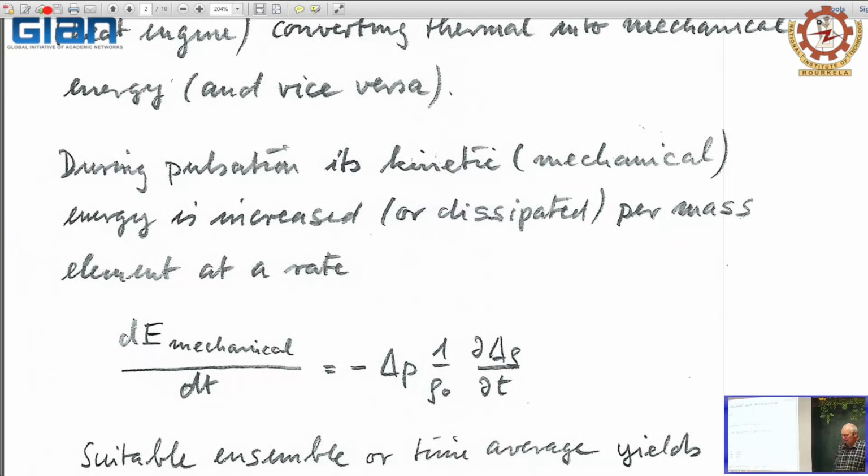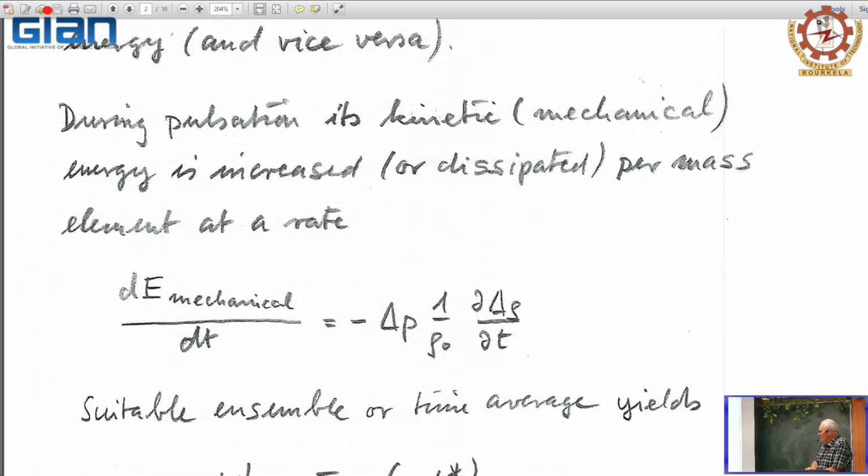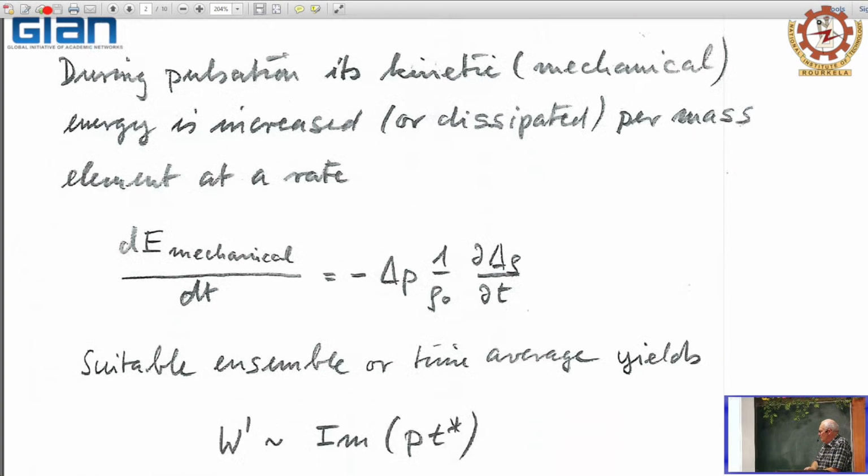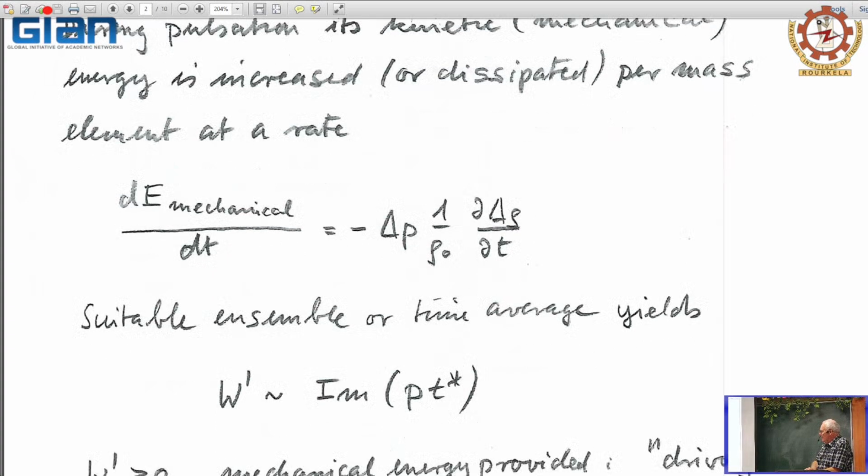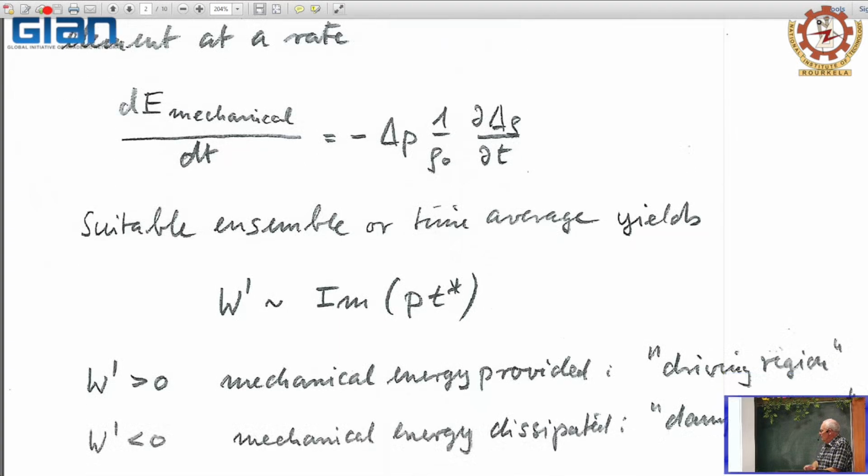Of course we have to average over one cycle, because locally this does not have a meaning, or take a suitable ensemble average over the pulsating configuration. Then we end up with the following form for the differential work integral.